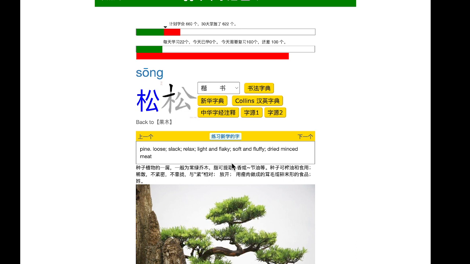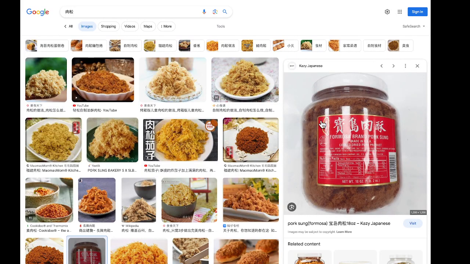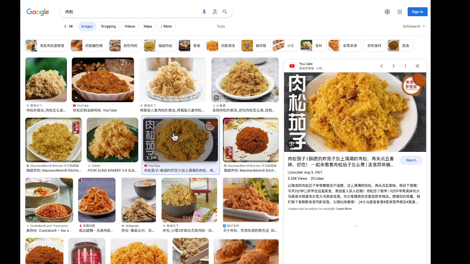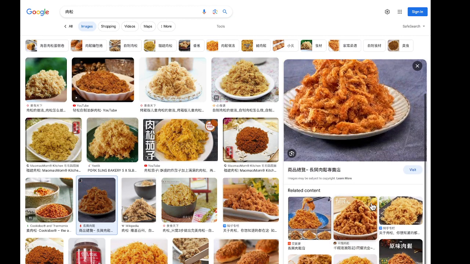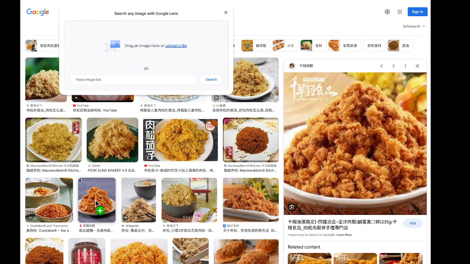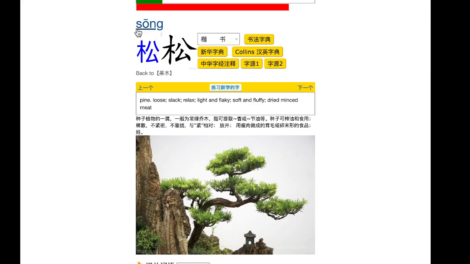We'd use song. And also is this particular dried minced meat preparation, which I forgot to put a picture of, but it's this stuff you see in the store. 肉松. It's a dried minced meat product. It's also called song. I'll put a picture in there later.